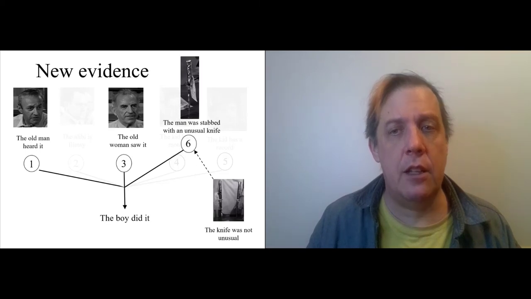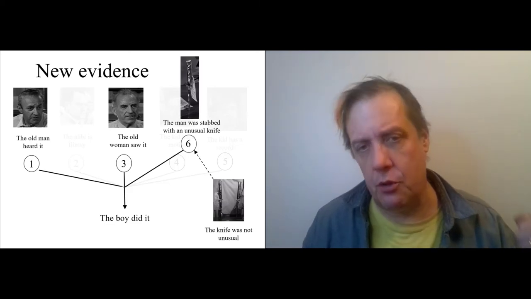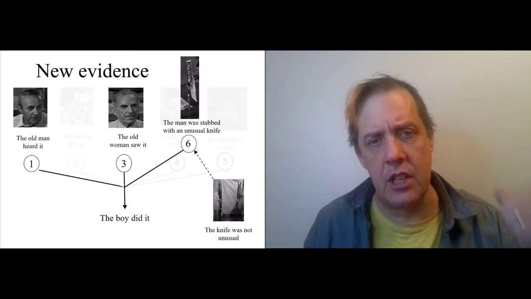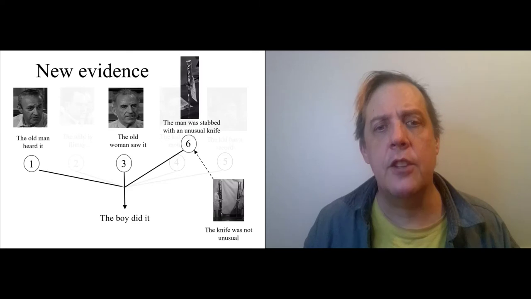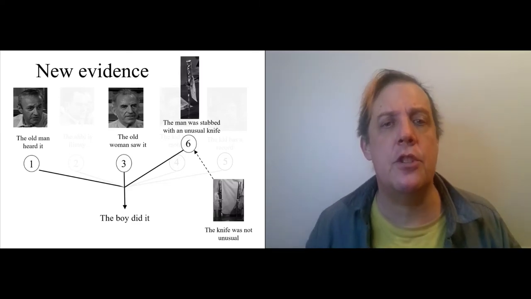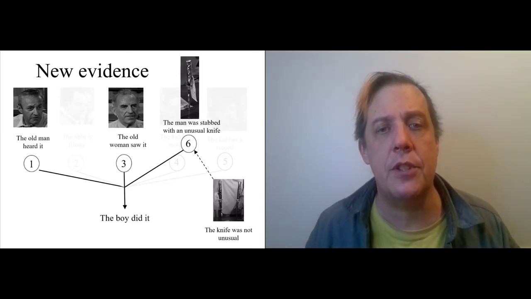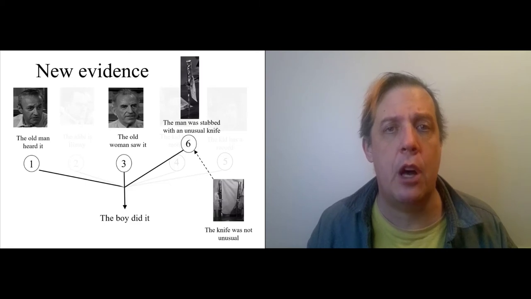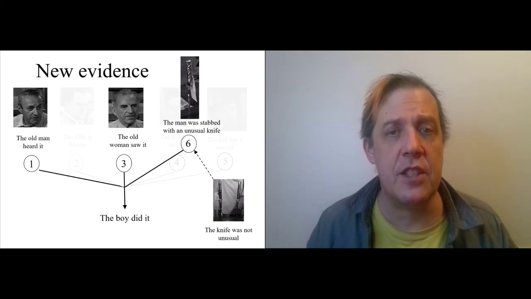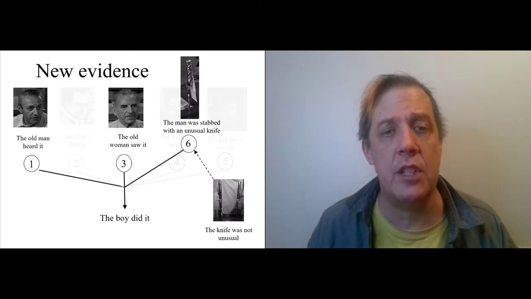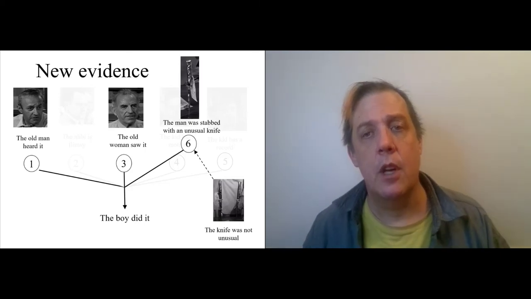That is challenged by Henry Fonda's bringing out this new dramatic piece of evidence. The knife was not unusual. And so that is, again, a challenge to the truth of one of the premises. That is a challenge to the truth of premise 6 in this statement. So we represent it with a dotted line pointing at 6.